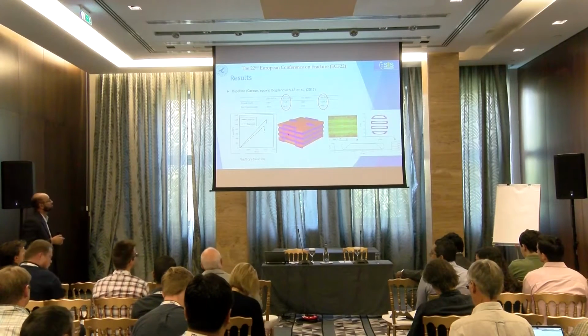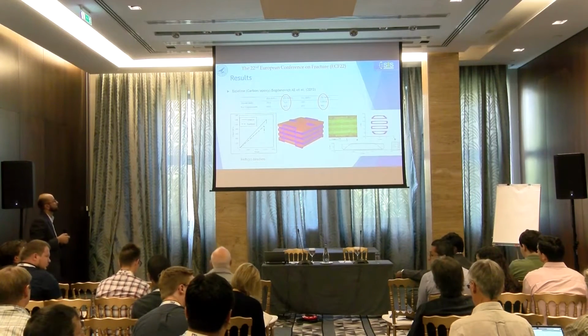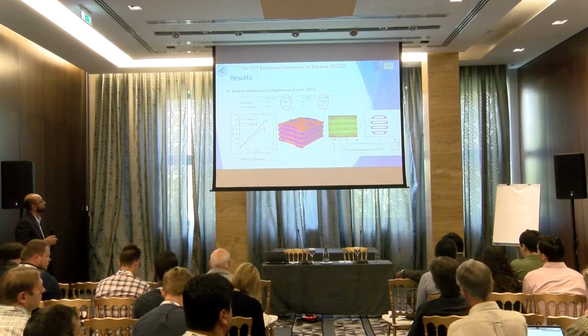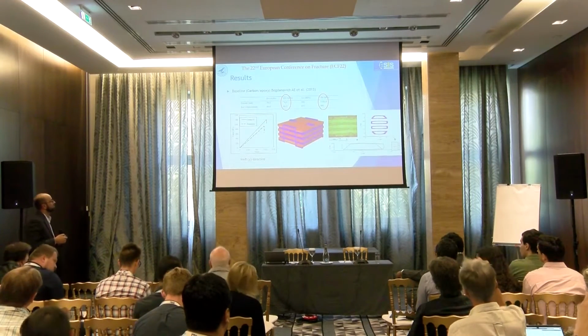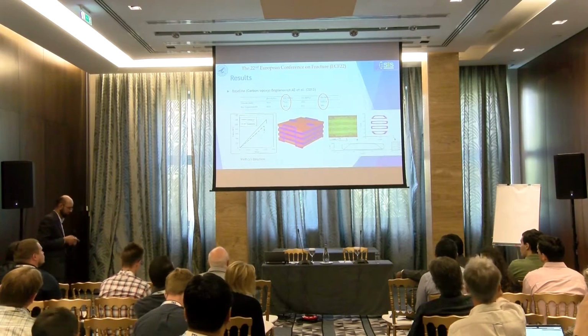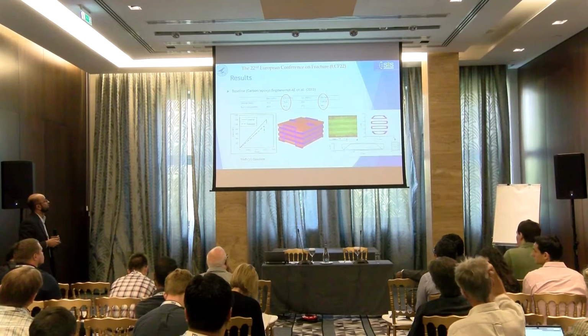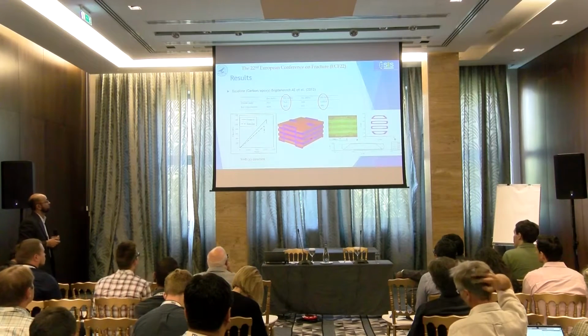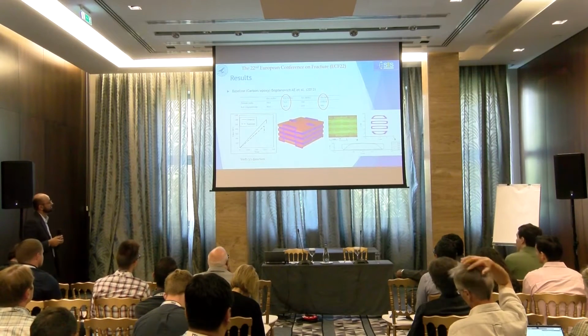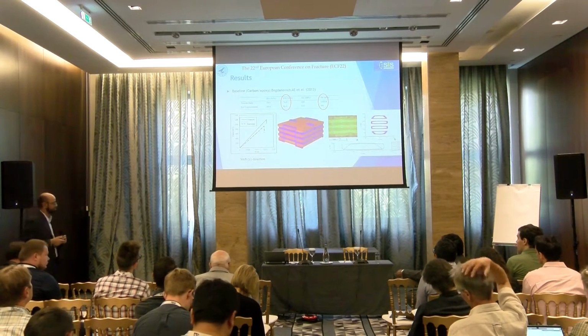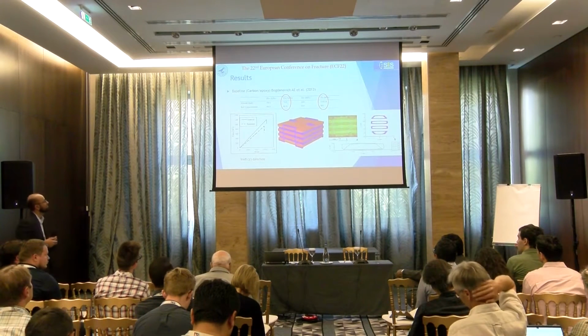So some more material is added. That is why in the numerical model the values are a little bit higher. If we build the exact shape of the fiber, then it will come down.